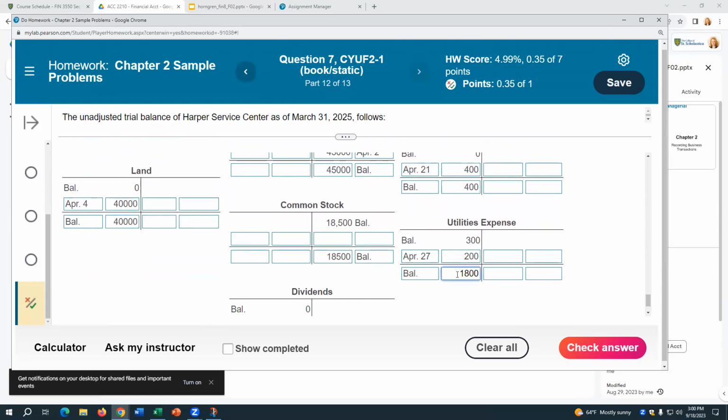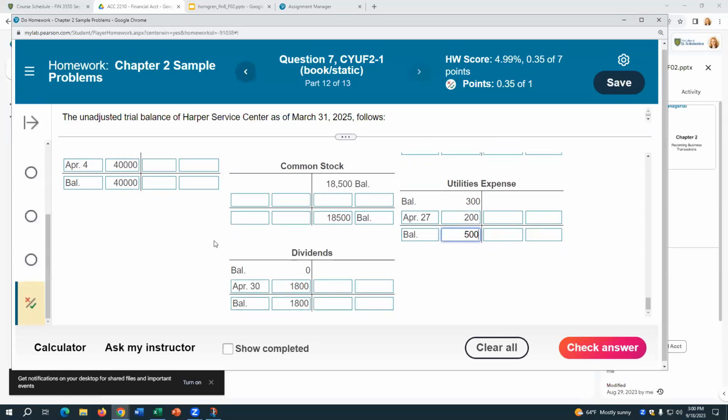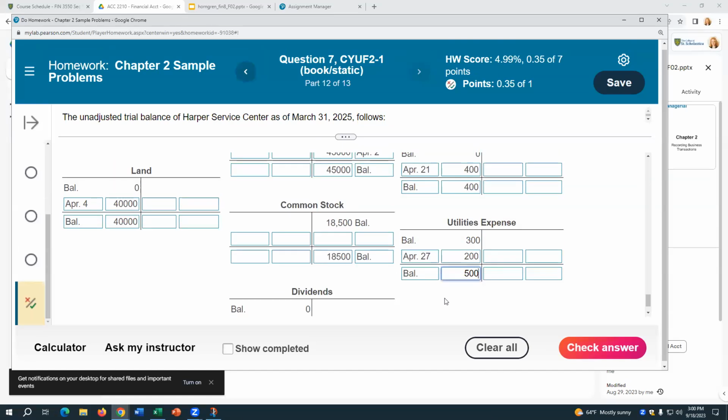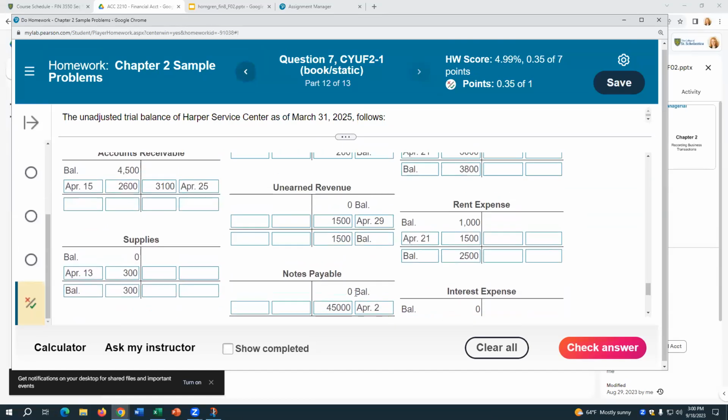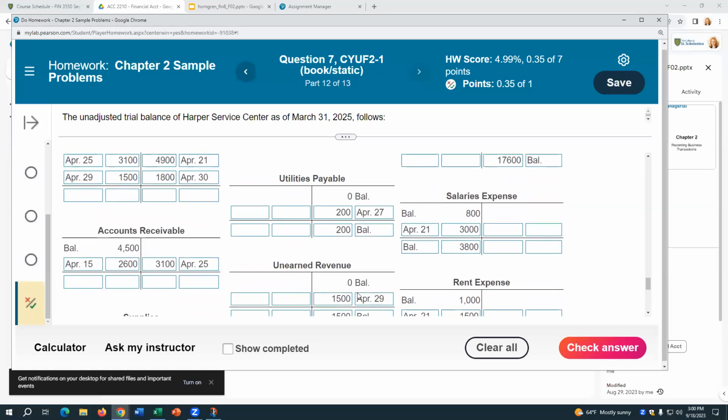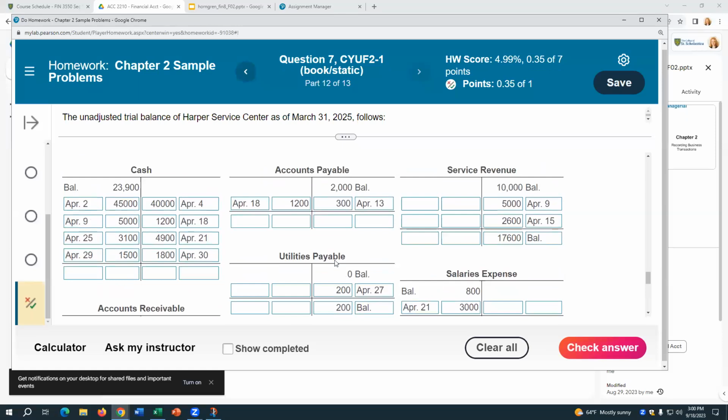All right, so if you have ones where there is more than one line, but they're all on one side, then you can just add them together. Like the service revenue, I just went 10, 15, 17,600 to get that one.